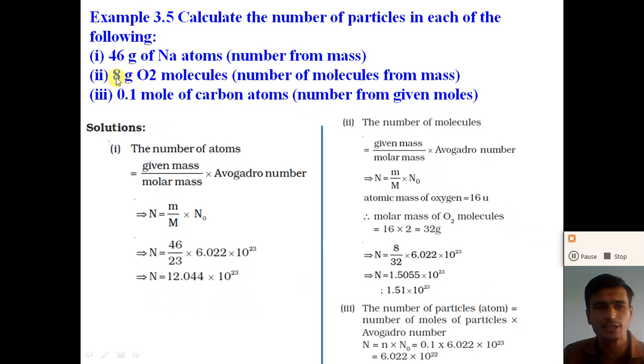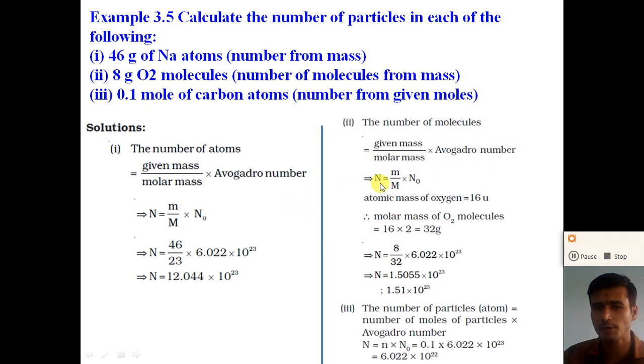Now second question is 8 gram oxygen molecules: number of molecules from the mass. Here the mass of the oxygen molecule is given to you, 8 gram, and from that we need to find the number of molecules in the 8 gram oxygen. So the number of molecules is equal to given mass divided by molar mass, which gives the mole, into the Avogadro number.